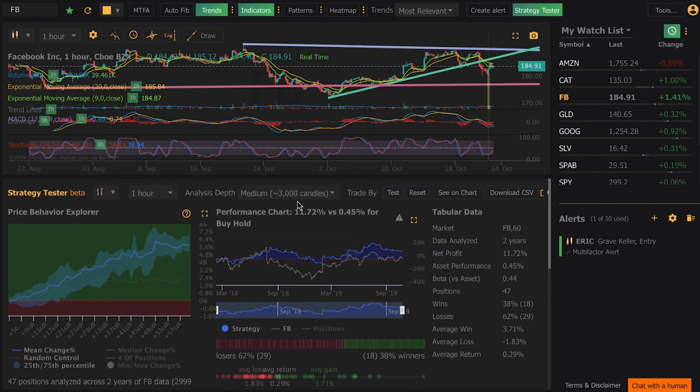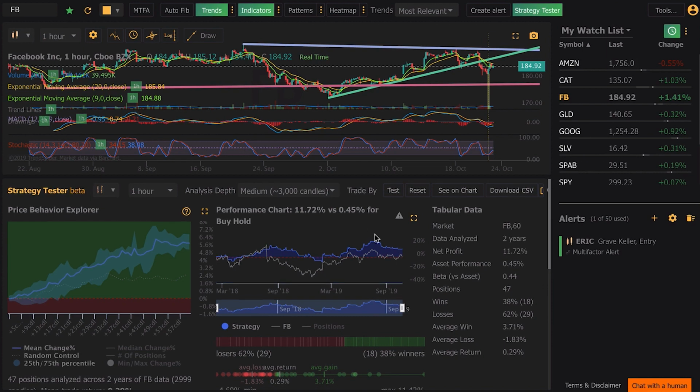And then you can see here on our performance chart, the performance of our portfolio or our strategy netted us 11.72%, while buying and holding Facebook over the last 2 years would have netted us a positive gain of 0.45%. It's not that great.